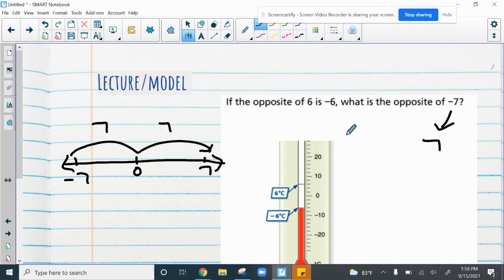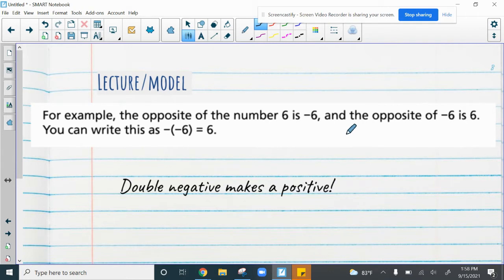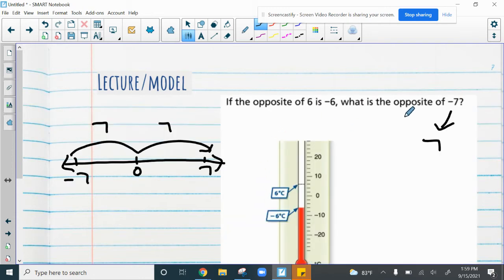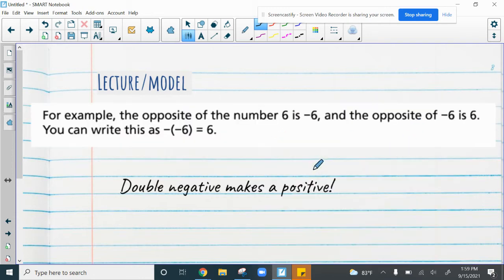All right, let's keep going. So we just said that the opposite of -7 is 7. We can write that mathematically, and if we remember that the negative sign also means "opposite of," we can use that. So -6 would mean the opposite of 6.